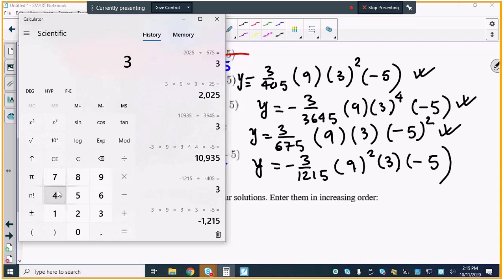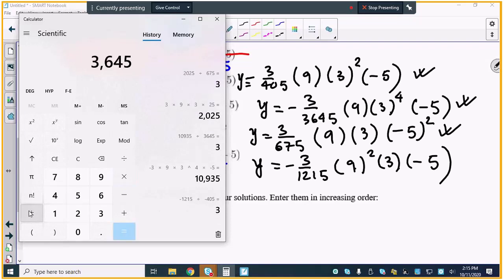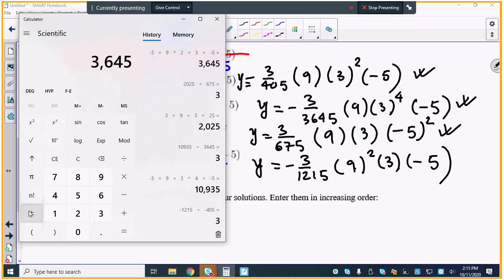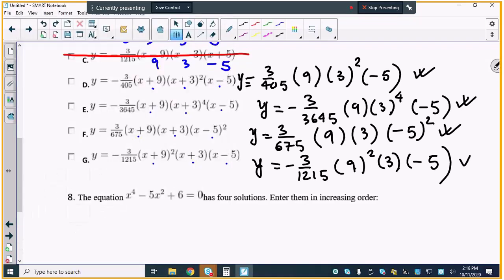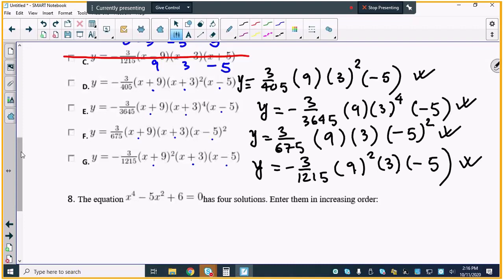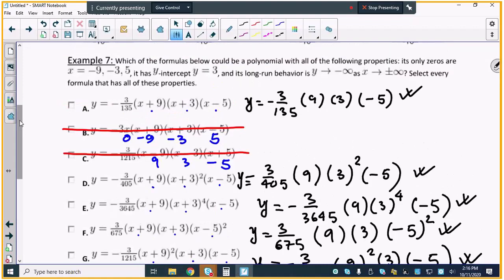So instead of saying 3, I call it negative 3 times 9 squared, which is 81, but let's just multiply the way it is, times 3 times negative 5. Divide by 1215, I still get 3. So this information actually did not help me a lot, as all of the remaining 5 are nice expressions for the y-intercept. What else do we have?